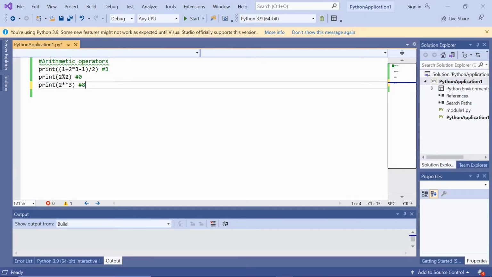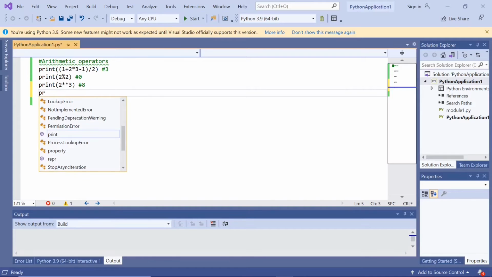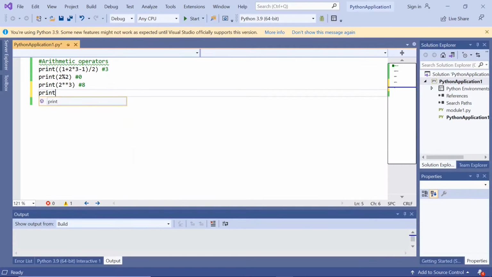Let me write it down: this is the modulus operator, which is the percentage symbol, and this is exponentiation, the double star symbol.